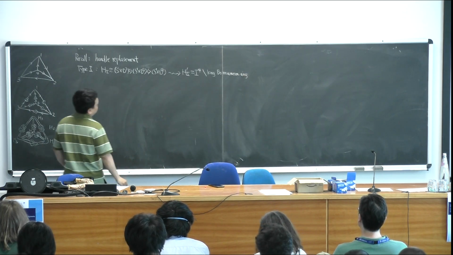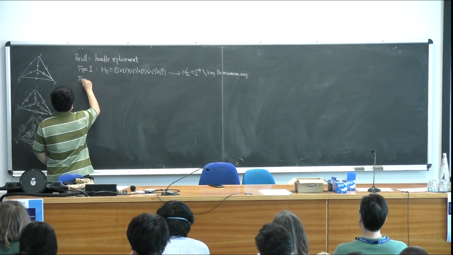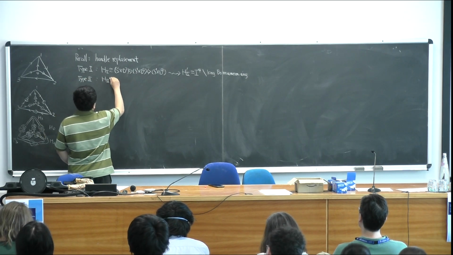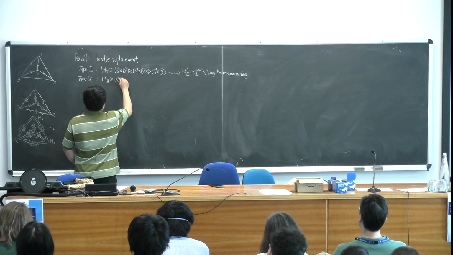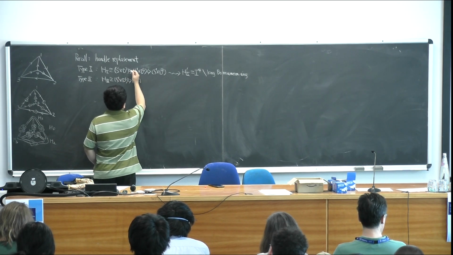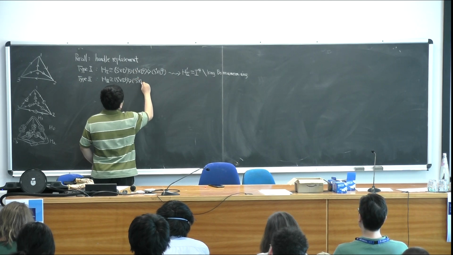And we also have a type 2 handle replacement, which replaces H2, which is S1 cross D3, whose boundary is S1 cross S2, it's S2 cross D2.